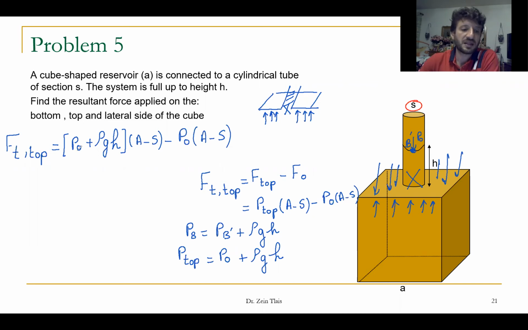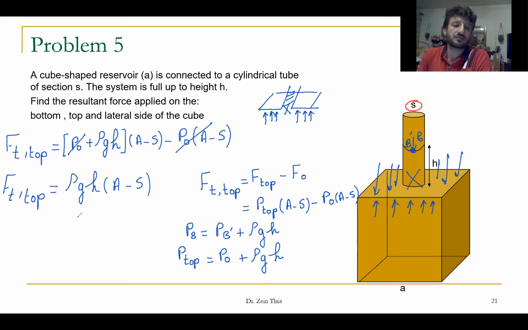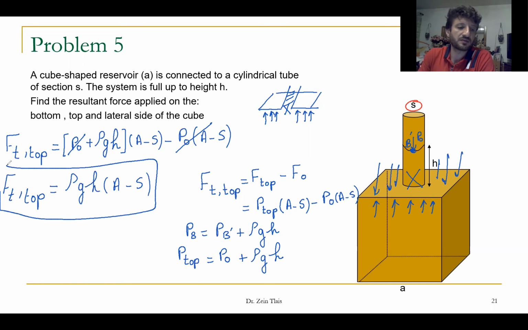So we can eliminate P0 times A minus S and P0 times A minus S to get finally F top equals rho g h times A minus S.